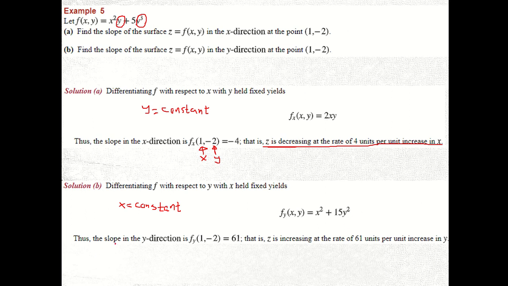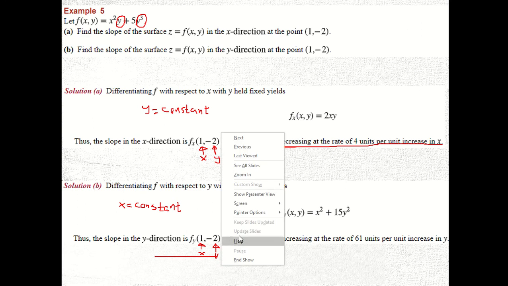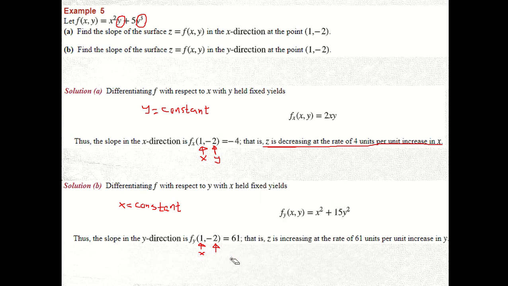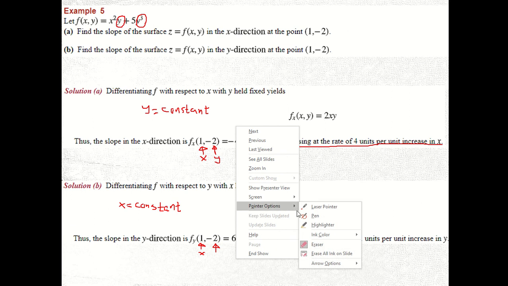Therefore, the slope in the y direction is equal to x squared plus 15y squared. Substituting the values of x and y, once again x equal to x sub 0, which is equal to 1, and y equal to y sub 0, equal to minus 2, we get 61. I hope you're able to follow, class.